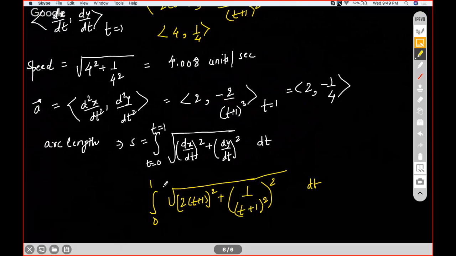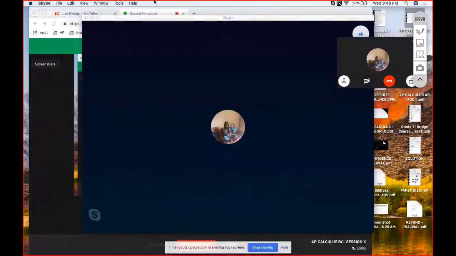Now, we cannot integrate this by using our methods of integration. So we have to feed this in our calculators. I'll just show you.